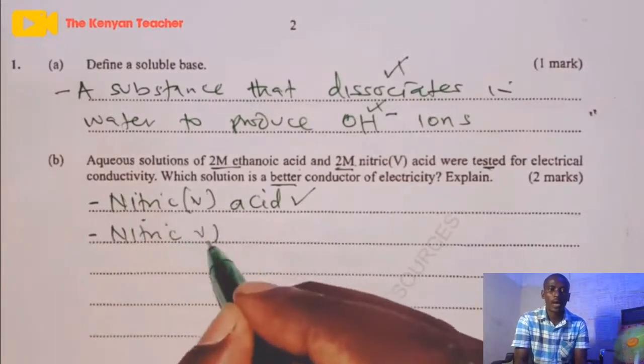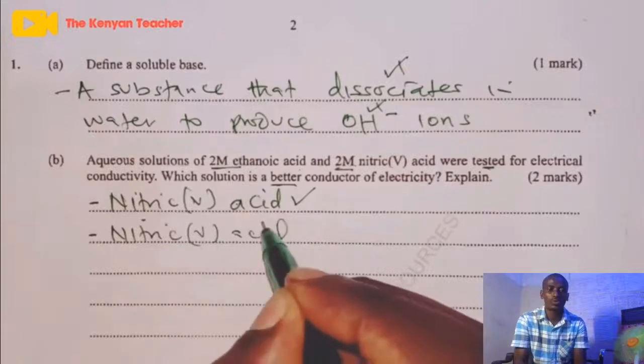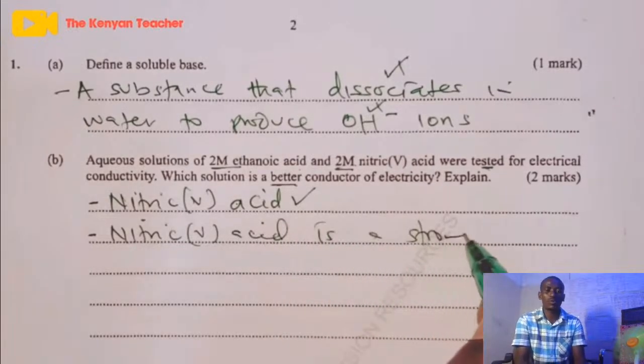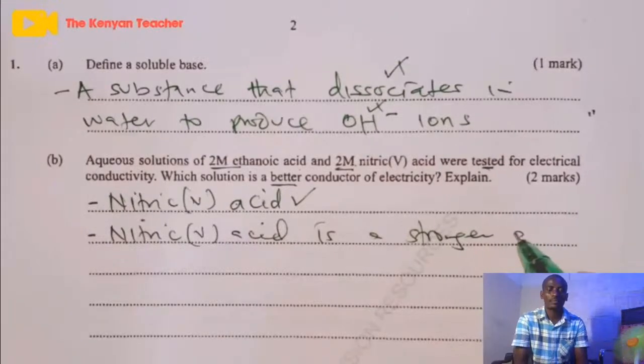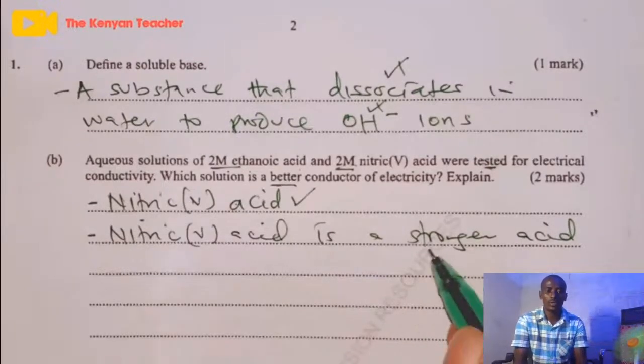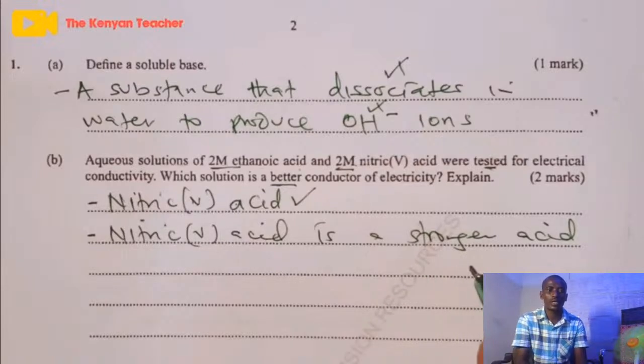Then you're supposed to show how it dissociates in water, because it's supposed to dissociate completely in water and give some ions. For a given substance to conduct electricity, it must have ions. Once it dissociates in water, it gives out ions.